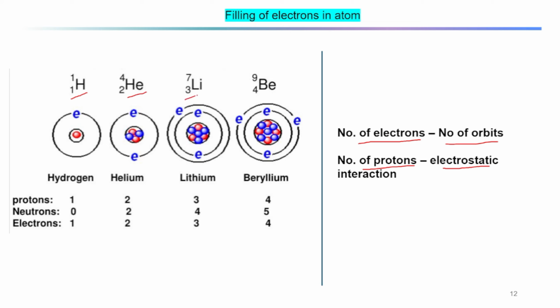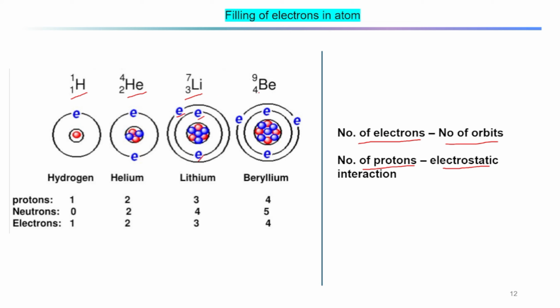In the case of lithium, we have three protons and four neutrons. These red ones are the protons and these blue balls are the neutrons. We have 2 electrons in the first orbit, this one and this one, and another 1 electron in the second orbit, this one.